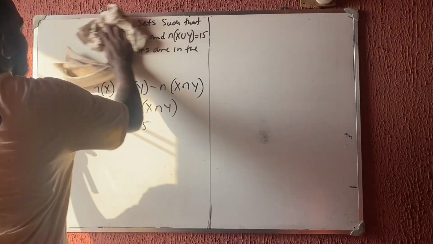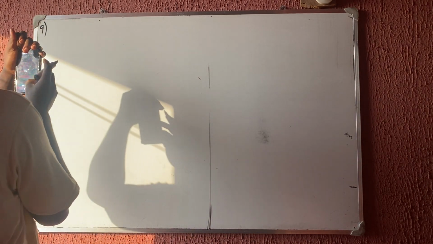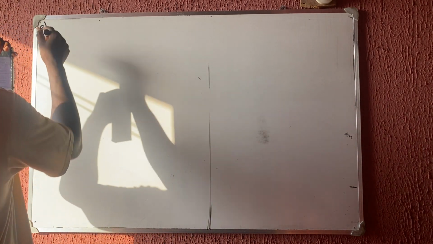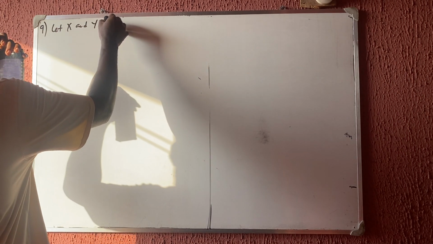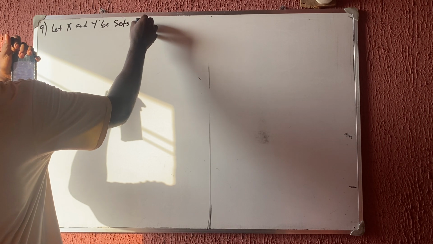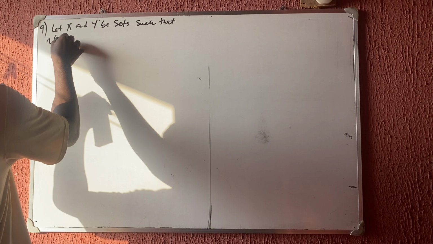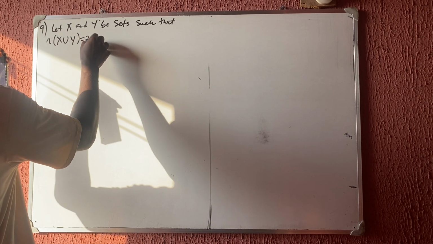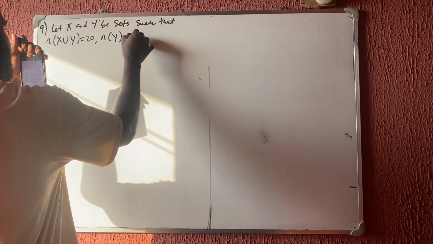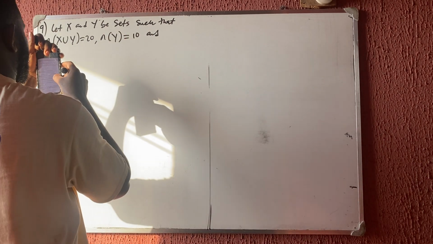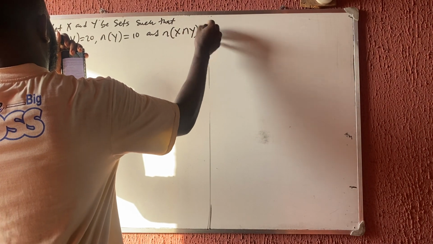We move to question number 9. We're almost through. Question number 9 said, let x and y be sets such that the number of x union y is equal to 20, the number of y is equal to 10, and the number of x intersection y is equal to 5.